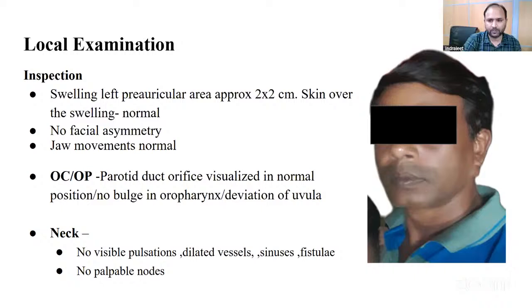Okay, ma'am. And about the mouth opening, you have not told, I guess. I've told that jaw movements are normal, ma'am. I should have mentioned that mouth opening is adequate, and there's no trismus. Yes, you should tell in centimeters how much the mouth opening is.